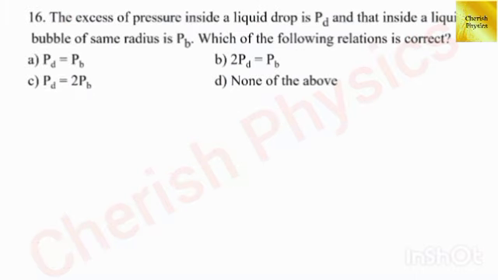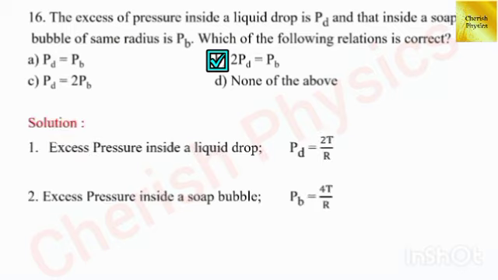16th question. The excess of pressure inside a liquid drop is PD and that inside a liquid bubble of same radius is PB. Which of the following relation is correct? The answer is option B, 2PD equal to PB. Let us see the solution. Watch the surface tension video in my YouTube channel.